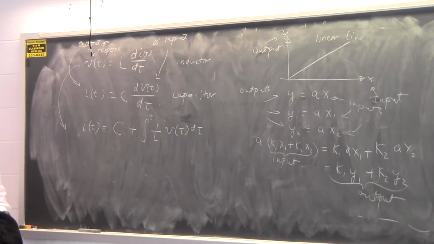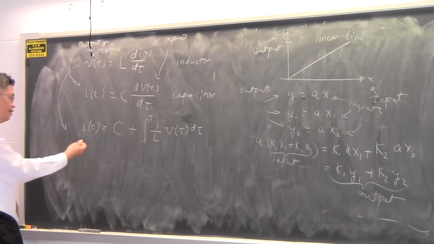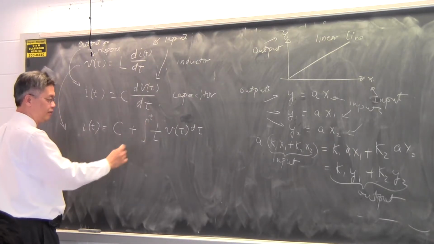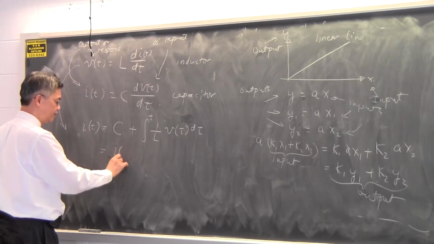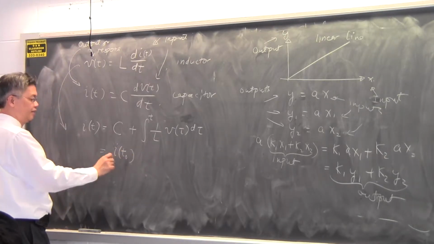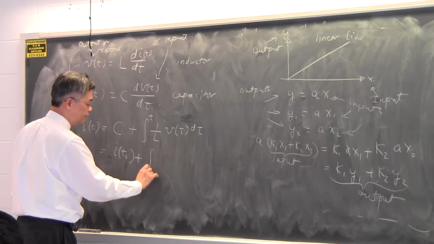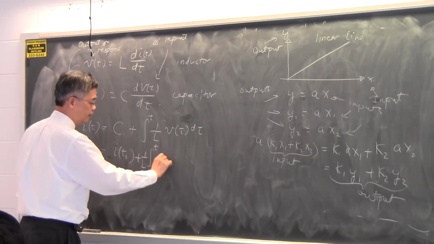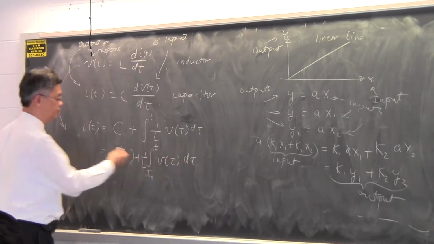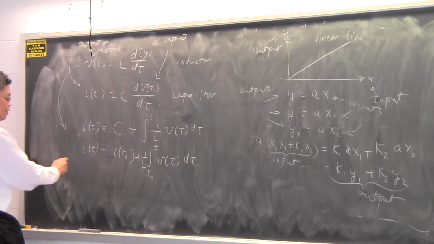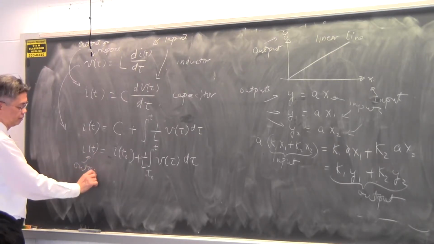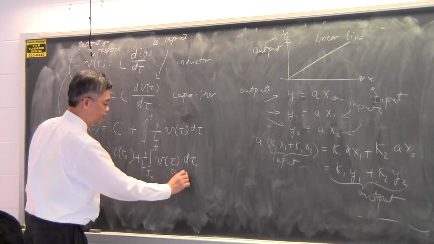Okay, this is the general rule that we learned from calculus. Of course, you can write the integration constant in the most suggestive fashion and set the limits of integration so that this actually is the value of i at t0. If I set the limits of integration to be t0 to t and put the 1 over L outside, then I have this equation over here. So this is now the output in this picture, and this is the input.